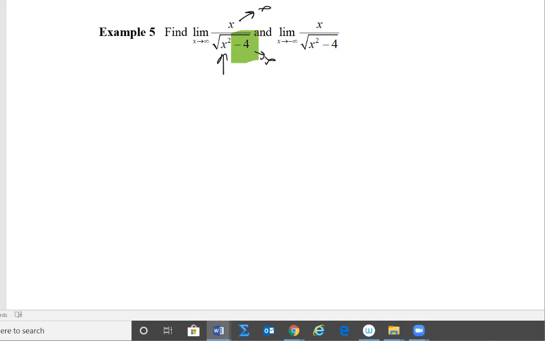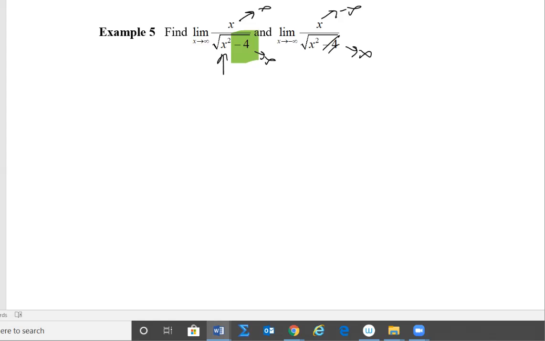So I'm suspecting that this thing's going to behave like a 1 as x gets really large. In other words, my limit would be 1. This one is the same kind of thing, except that the numerator is heading to negative infinity, and of course the denominator is heading to positive infinity. But using the same logic with removing this, I would end up with a negative 1 in this case. So I suspect that's going to happen for these.